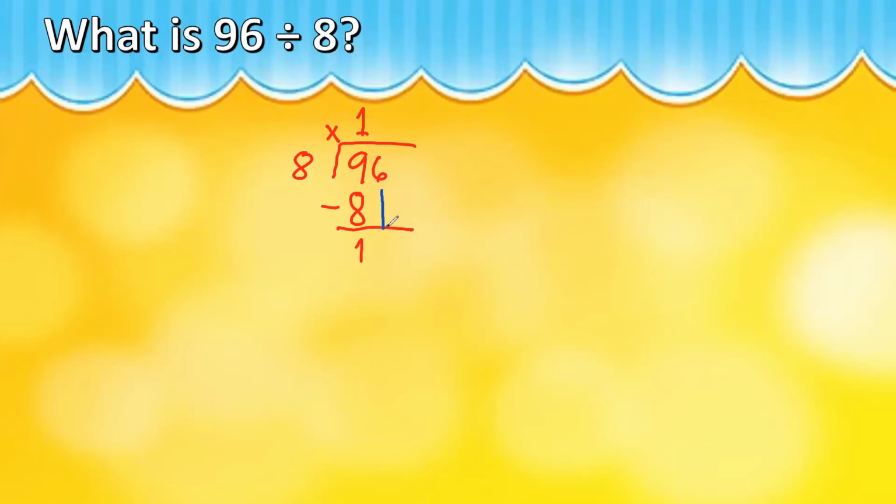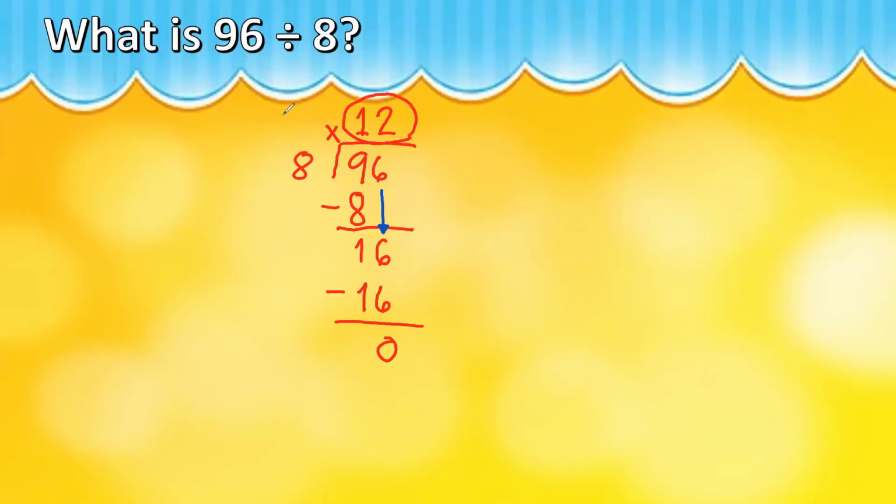Then bring down 6. 16 divided by 8 is equal to 2. 2 times 8 will be equal to 16. And then 16 minus 16 is equal to 0. Now, we can stop dividing as there is no more digit to be divided. So the final answer here, 96 divided by 8, is equal to 12.